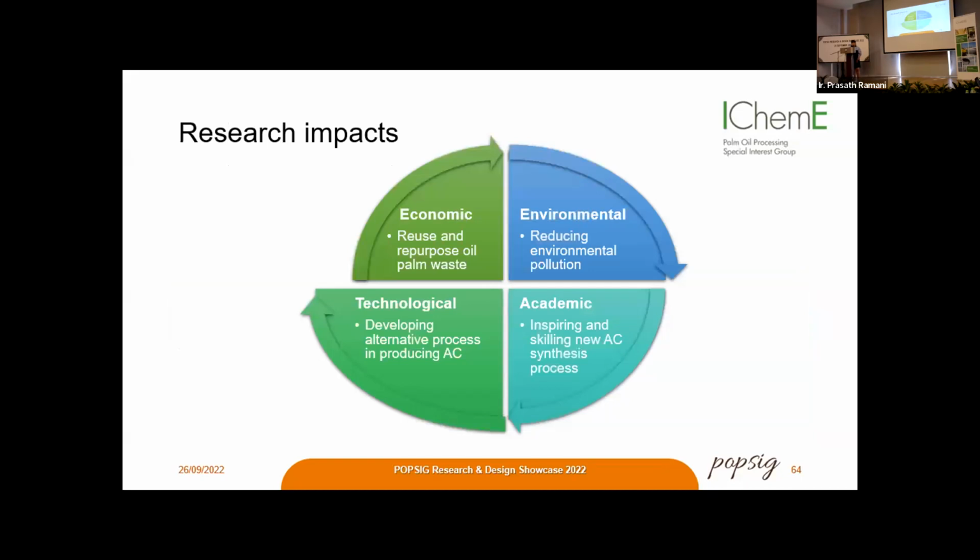This research will help to explore an alternative process in producing AC using a simple, brief, uncomplicated, and more cost-effective process, and also help the palm oil sector to explore the possibility of converting oil palm waste into high value-added materials.